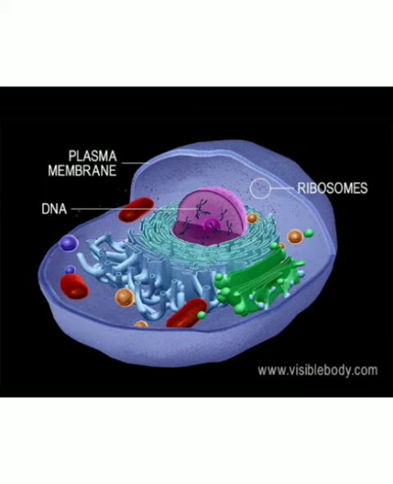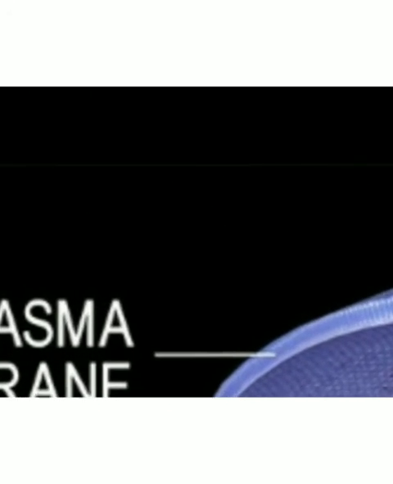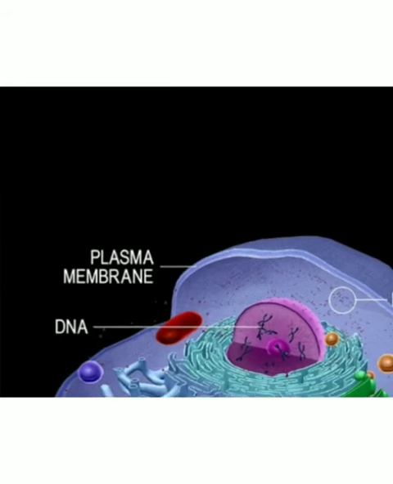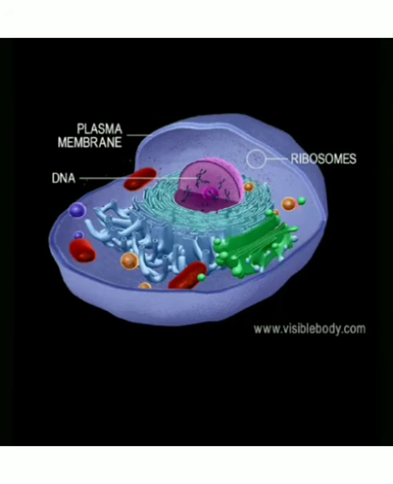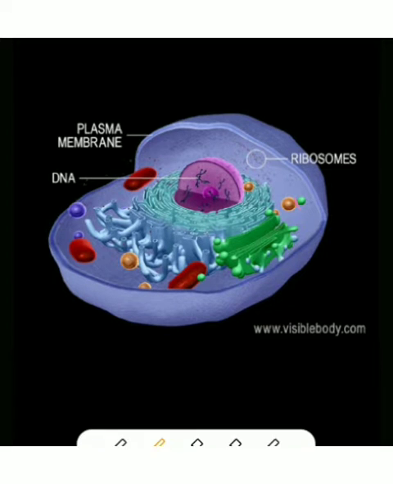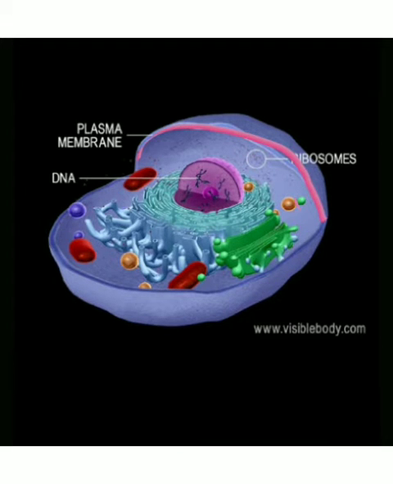Firstly, we are going to study the plasma membrane. Here you can see the plasma membrane. It is the outer covering of a cell. This is the outermost covering of the cell that separates the contents of the cell from its external environment.